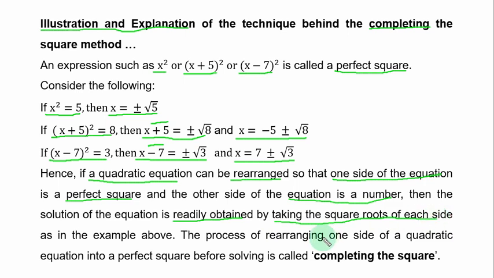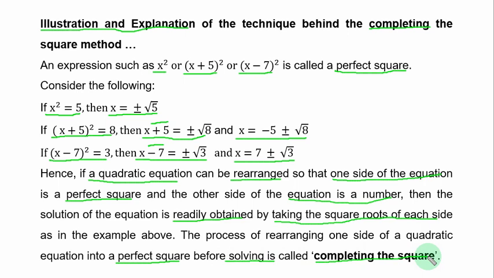The process of rearranging one side of a quadratic equation into a perfect square before solving is called completing the square. It is very simple now.